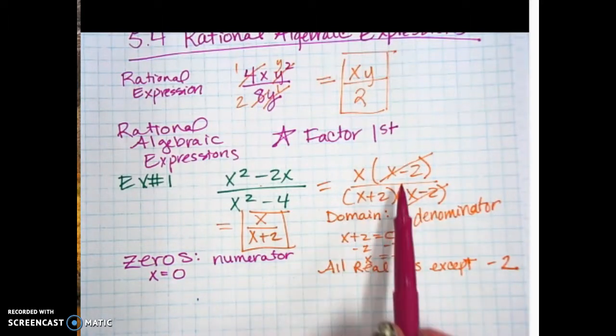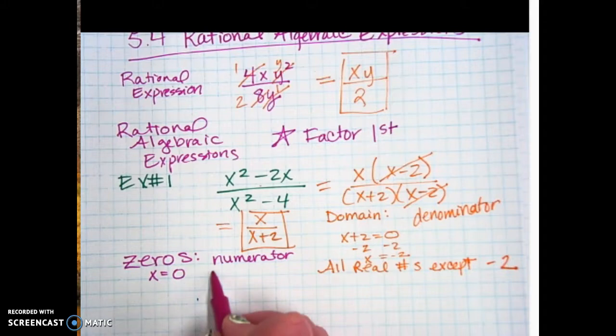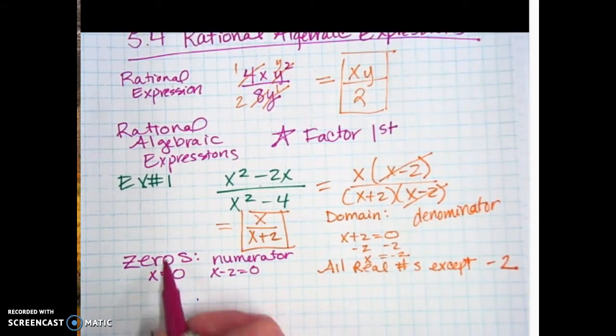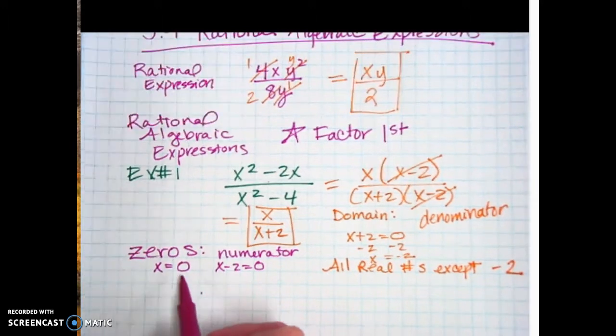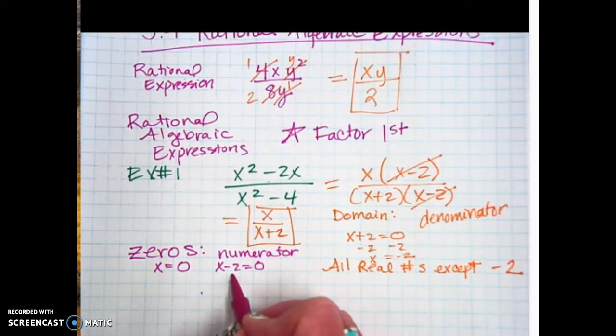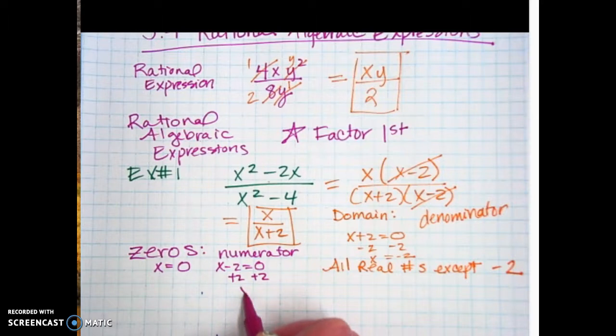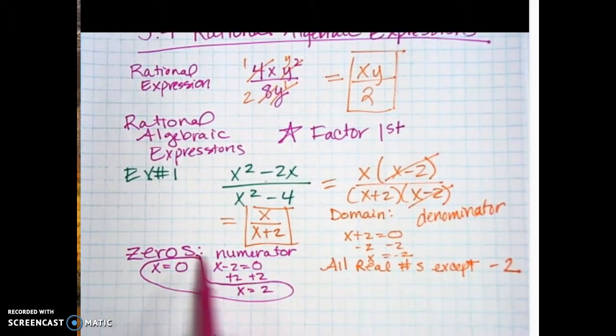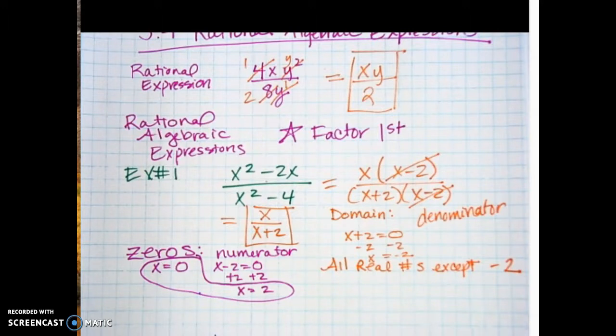But before we factored, we had that x minus 2. So the zeros of this expression are at 0, and the other one, if we add 2 to both sides, we get 2. So those are the 2 zeros of the expression. That just has to do with when you start graphing these, that's going to be where they cross the axis.